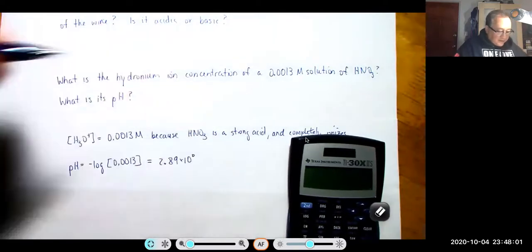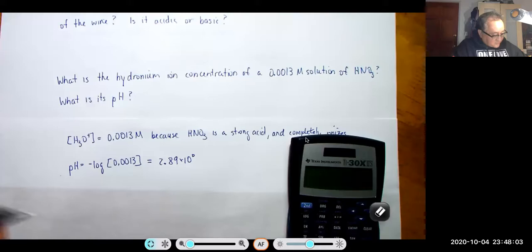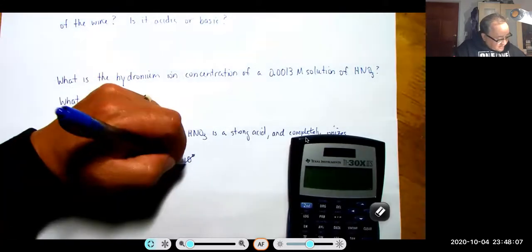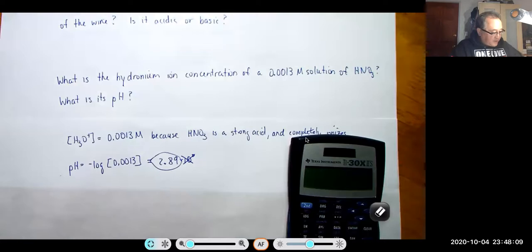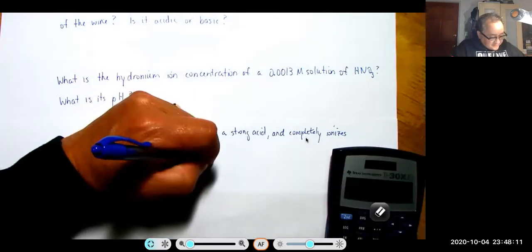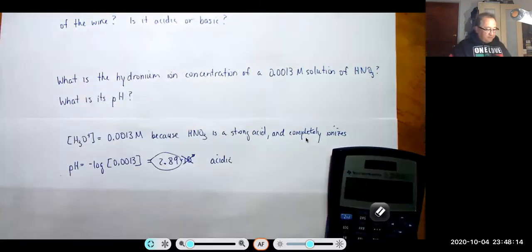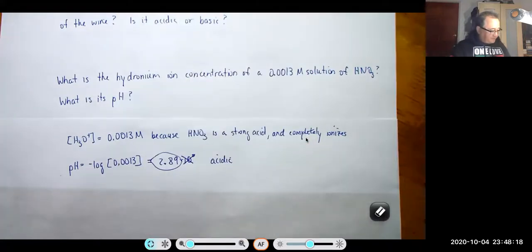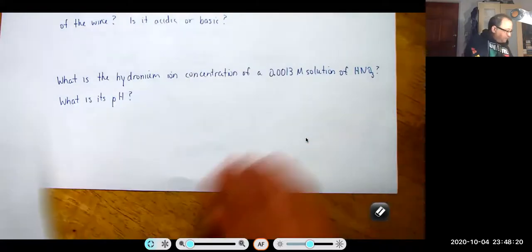Oh, I have it in scientific notation, that's why it's doing this. 10 to the 0 is the same as 1, so I'm going to cross that off. And the pH is 2.89, which makes it acidic. Of course, it's acidic because it's a solution of nitric acid. All right, so I'm going to put that to the side.